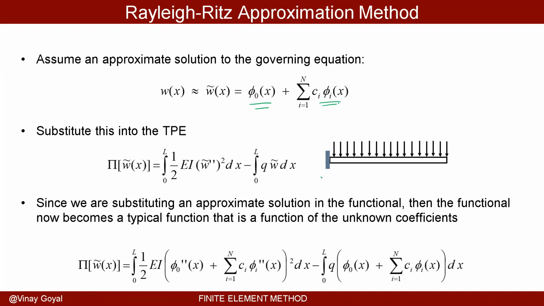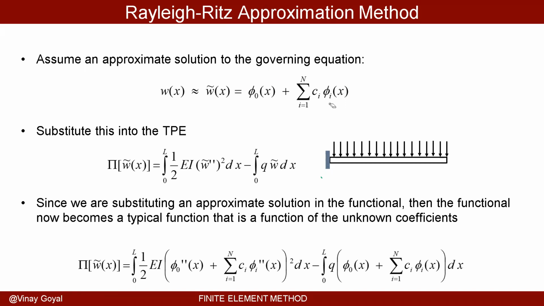And these phi naughts and Phi's are again selected very carefully, to meet the criteria I discussed before, like in the weak form Galerkin.